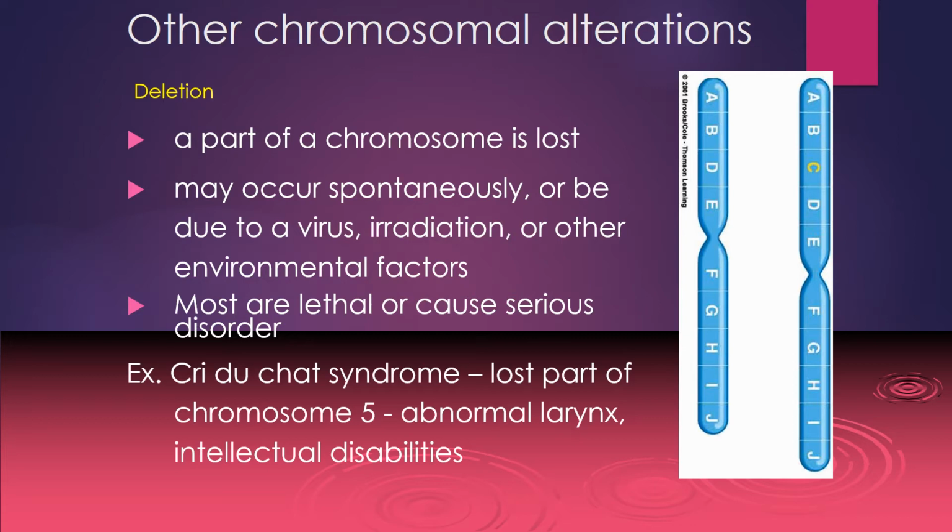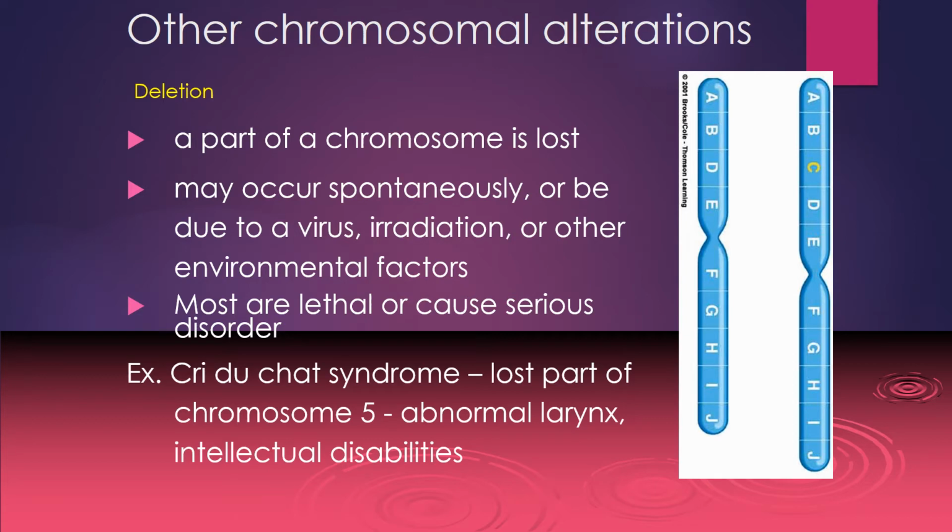But when one part of a chromosome is lost, the information on that particular piece of the chromosome is going to be compromised. So depends on what part is lost, what part is deleted, whether or not you'll see serious effects or maybe even lethal effects if the genes are vital to the organism.